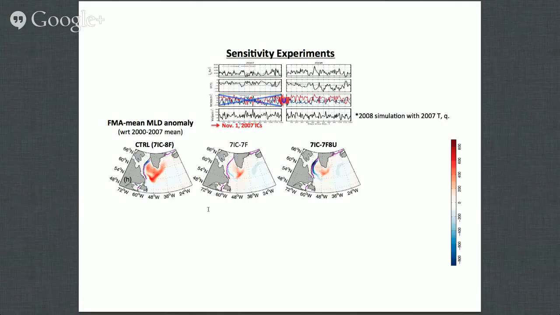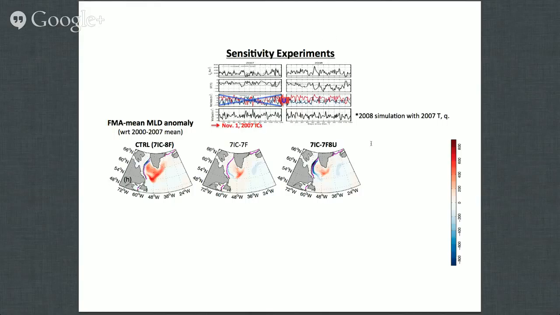So next, in the next experiment, we kept the initial condition the same as the 7IC, 7F case, and we replaced the winds from 2007 with 2008.